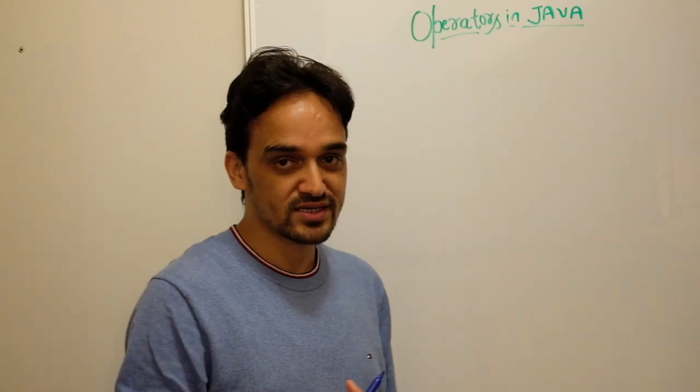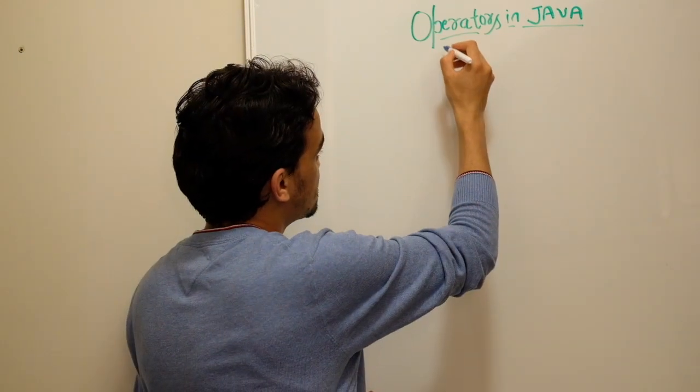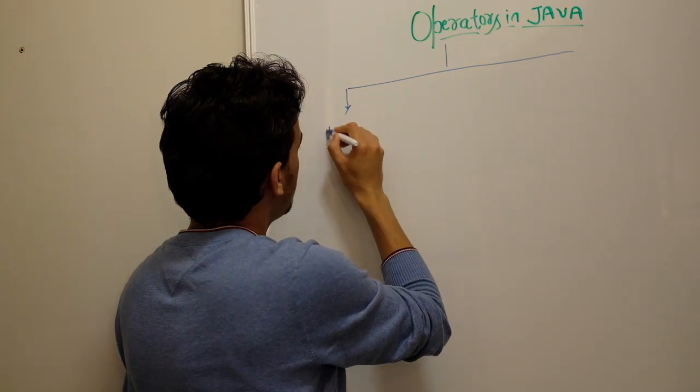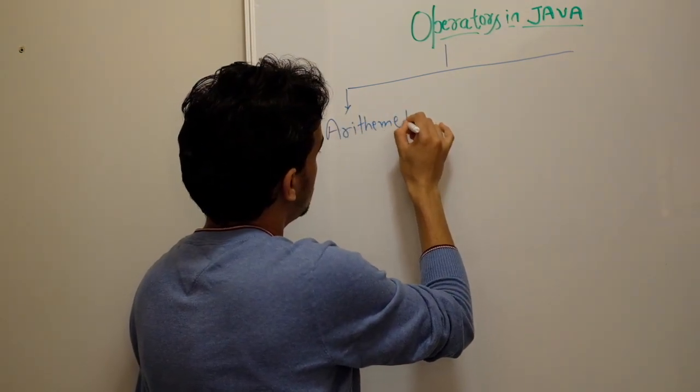Now let's move ahead and discuss the types of operators in Java. In a broader category we have three types of operators. Number one, arithmetic operator.